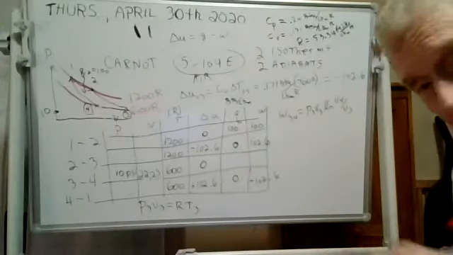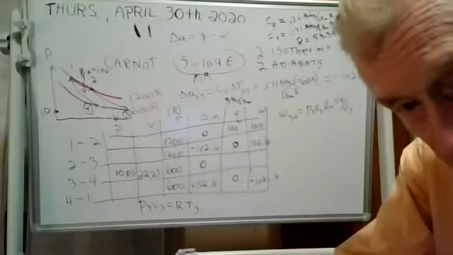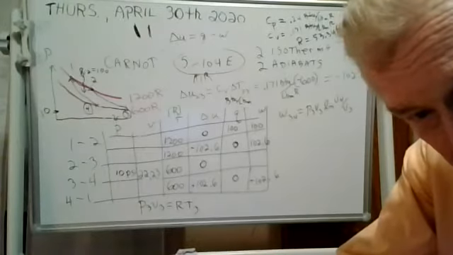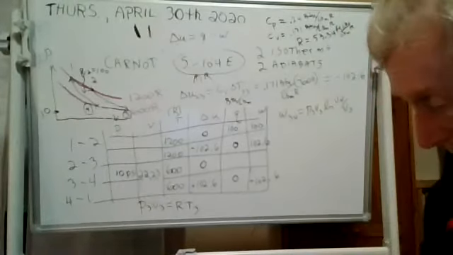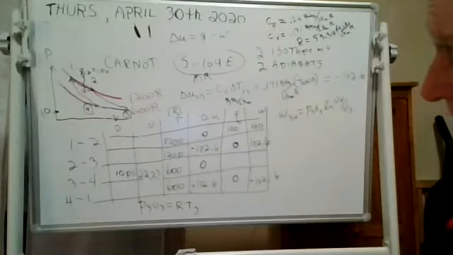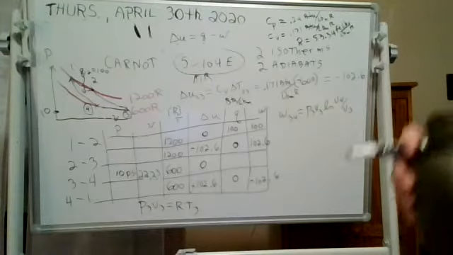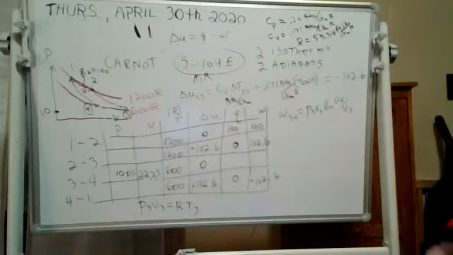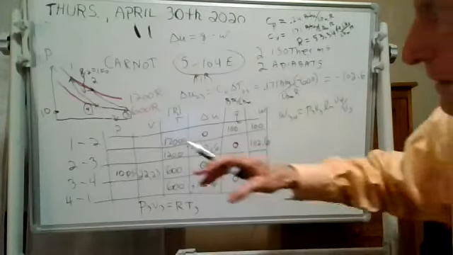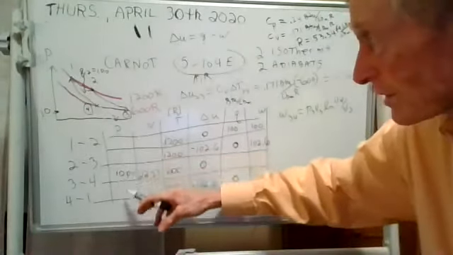I hear a lot of silence there. Let me look at who's playing here. Use the integral of PdV for the little work, kind of like yesterday or 2 days ago. Well, to do that, you'd have to know the function for P, and you have 4 different P's here.